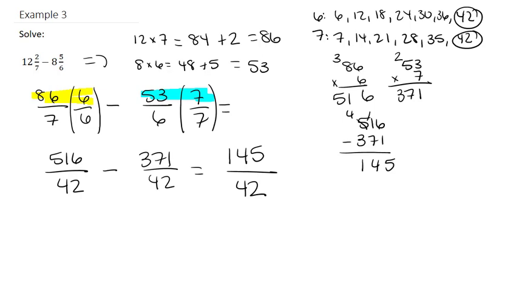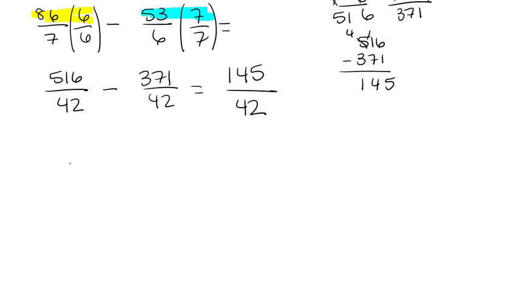So next we're going to convert this fraction to a mixed number. So we have to ask, 42 goes into 145 how many times? Now 42 can't go into 1 or 14, but it can go into 145 3 times.